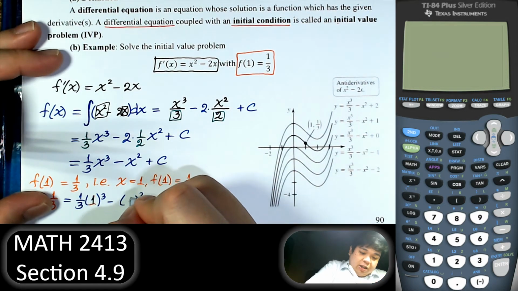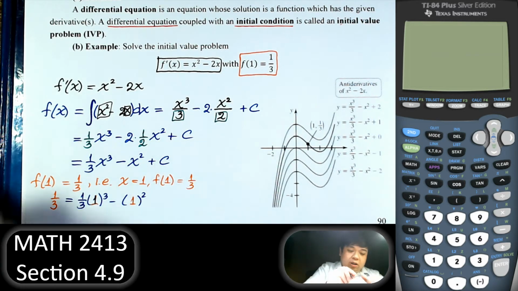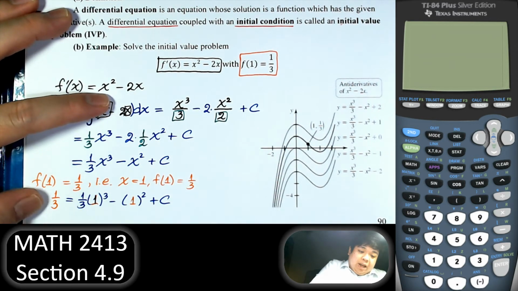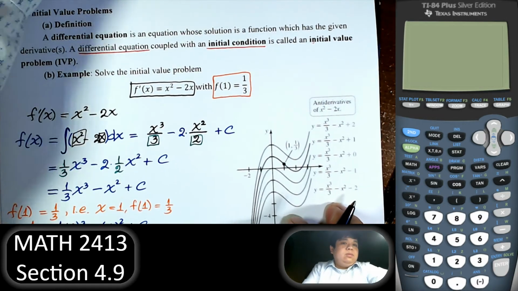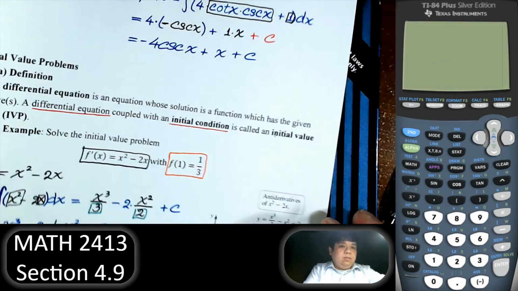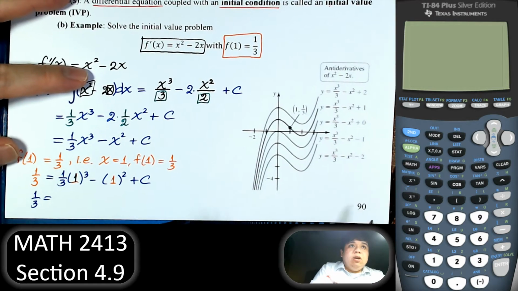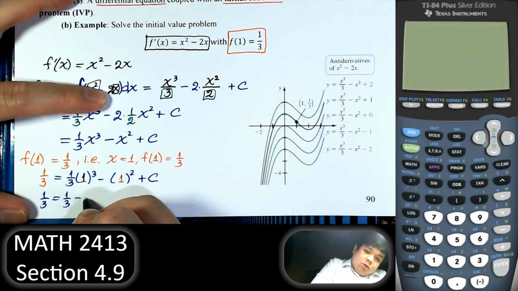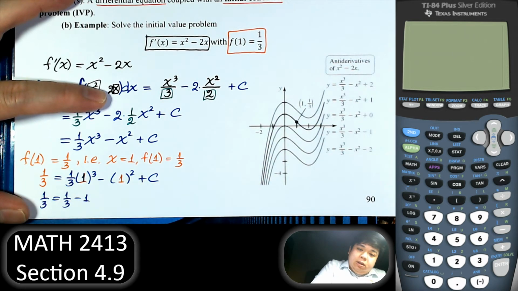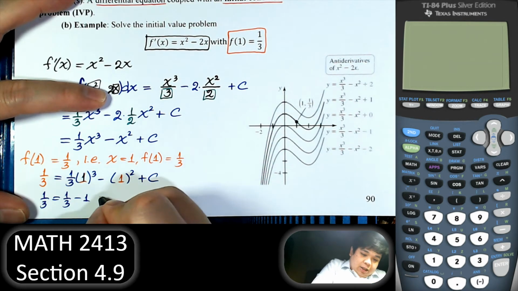Put 1 in for x, the whole function will equal 1/3. And so we have 1 over 3 equal to 1 over 3 minus 1 plus c.